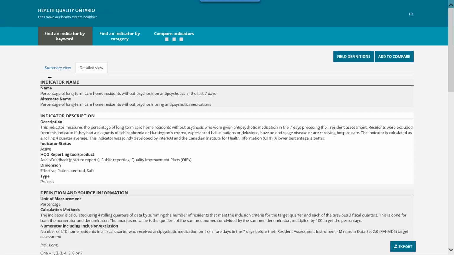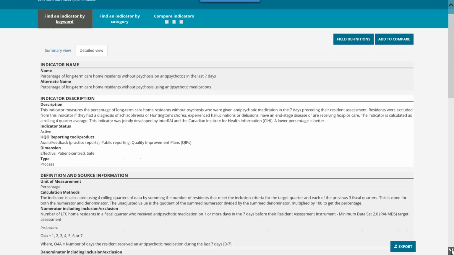You can see here that when you go in to find an indicator by keyword, it gives you the name of the indicator and what the observation window is for the indicator. It gives you a description of that indicator, all the definitions for each and every indicator.